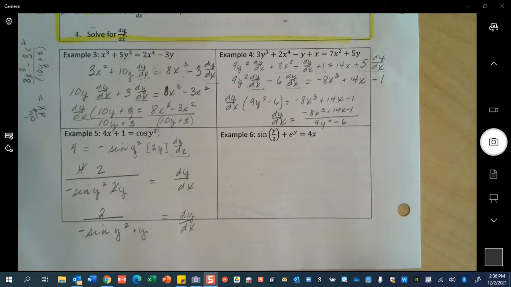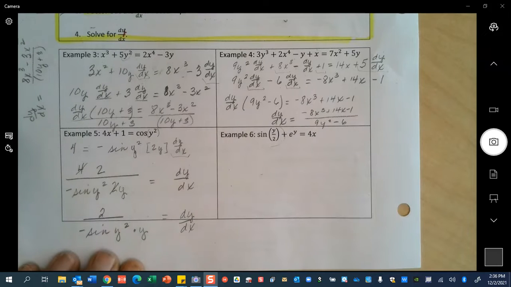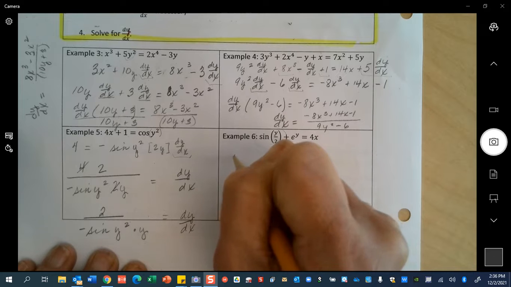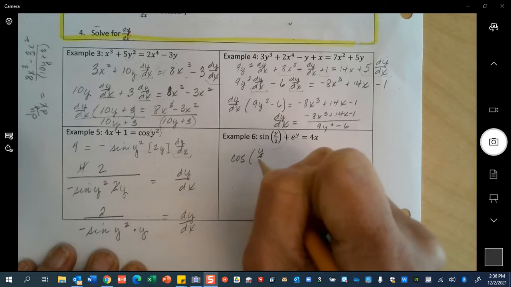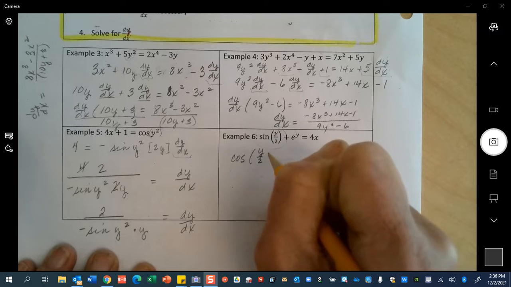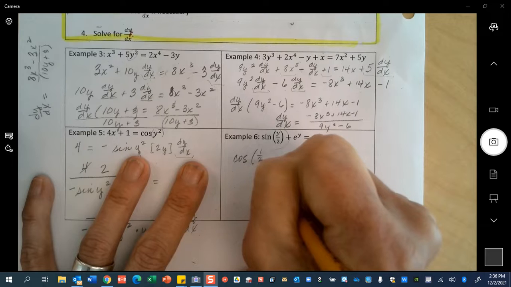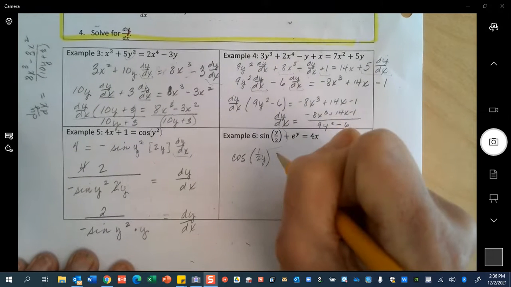How are we doing? Here's my sine. Derivative of sine is cosine of y divided by 2, right? If you want to call it 1/2 y, times the derivative of what's inside.